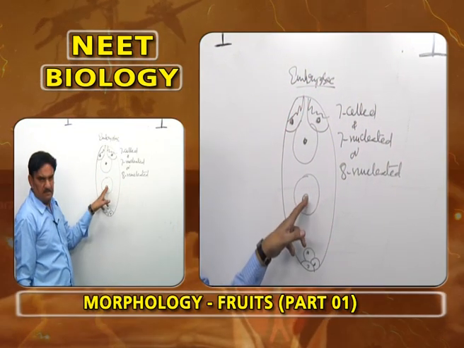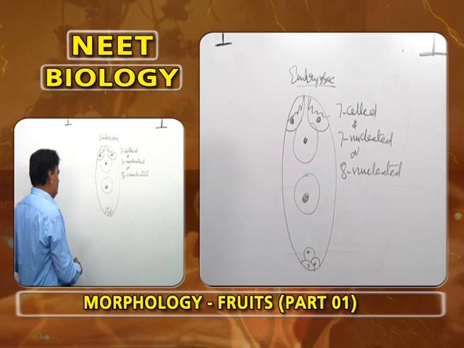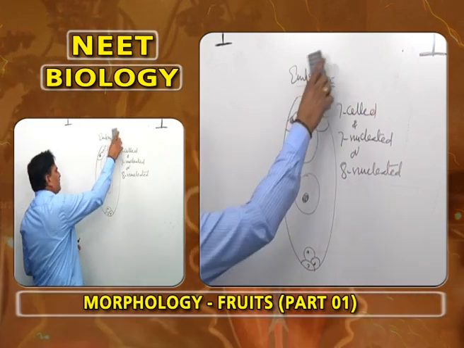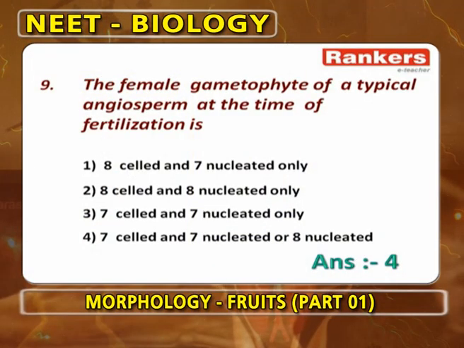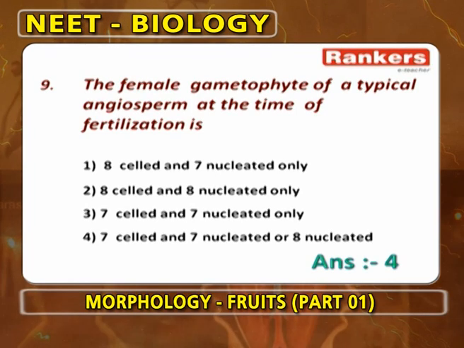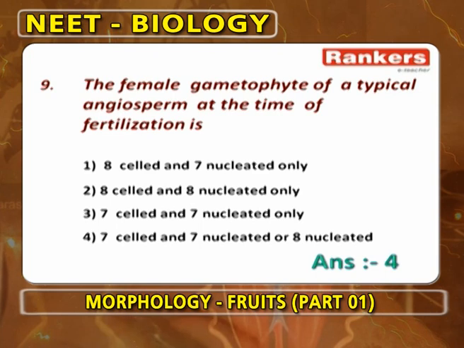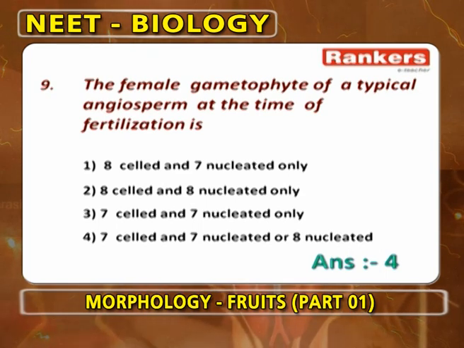But the central cell nucleus is diploid, because it is formed by the fusion of polar nuclei. So because it is diploid, it can be regarded as 2 nuclei or 1 nucleus. So the answer is 7-celled and 7-nucleated or 8-nucleated while it is ready to be involved in fertilization.